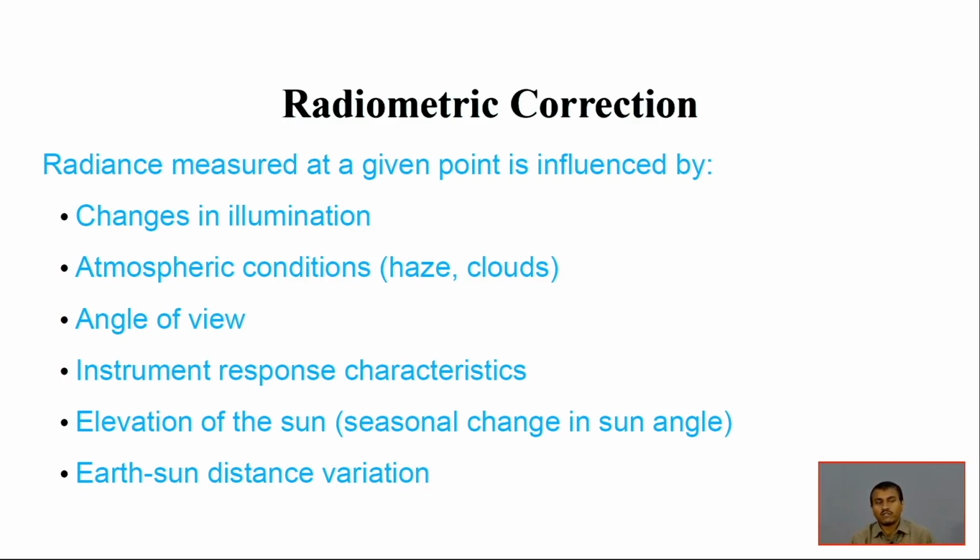In our visible spectrum range, atmospheric conditions such as heavy rainfall and heavy cloud affect it very much. The image will be blurred due to those kinds of activities. Even if there is a heavy amount of fog, the image is going to be affected. We need to apply some correction for that.